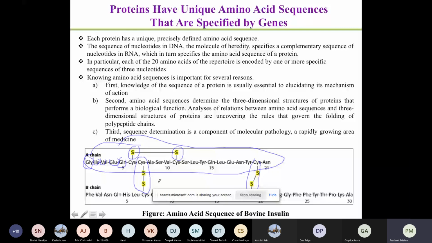But here one should understand that if this is a glycine, it will have three nucleotides, one, two, and three, which are specific for binding to glycine. I'll tell you how this binding occurs and how the specificity arises, but that's the way it happens. So the nucleotide sequence determines the sequence of amino acids, and that's why you have a very precise sequence of amino acids in each protein.